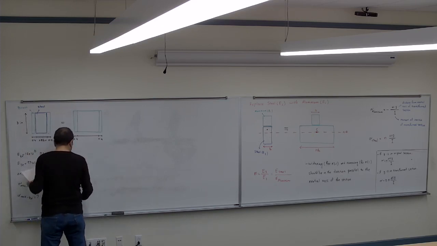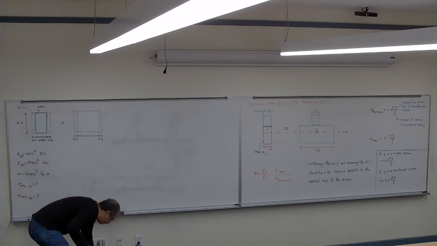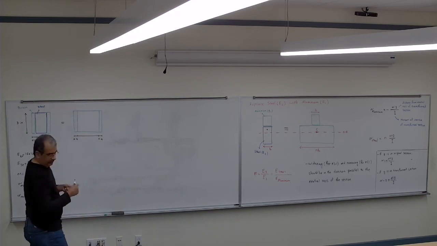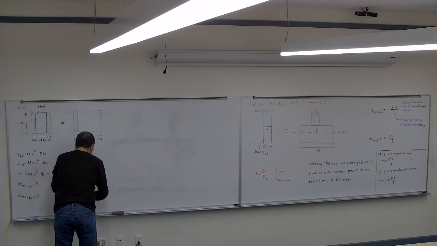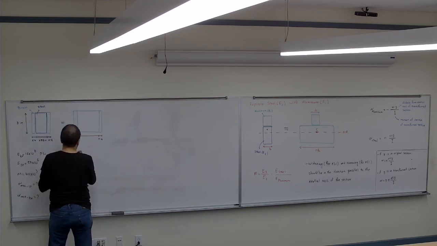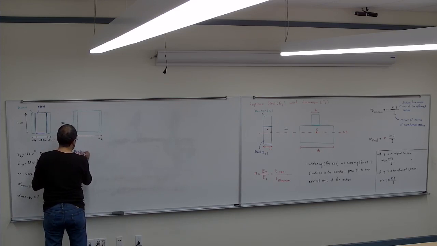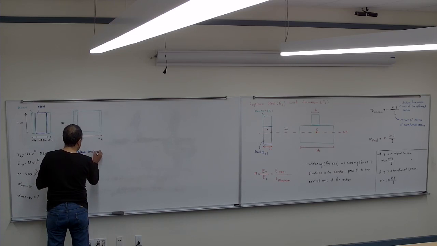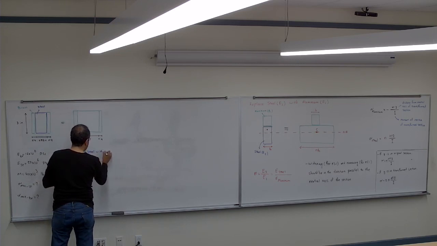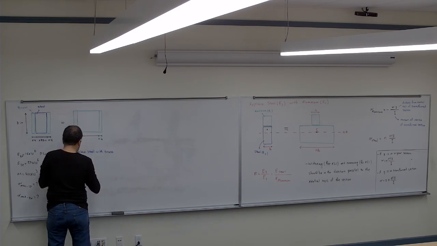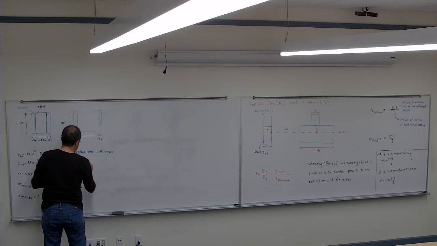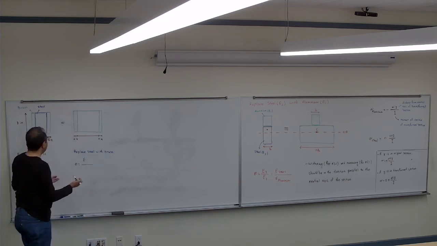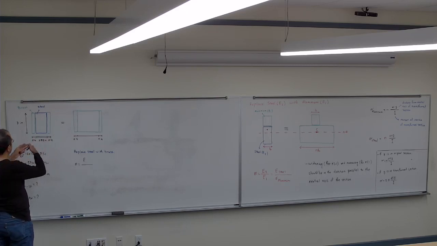Replace steel with brass. So I need to calculate the N. Remember that in this case, because I've used the weaker material, it should become larger.